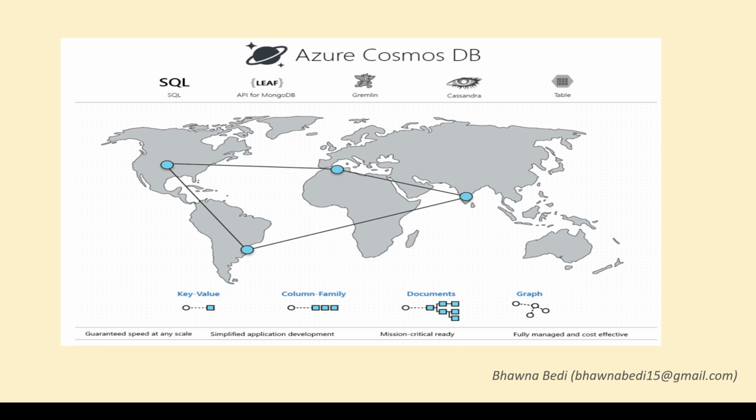And in case you are trying to develop a graph database, it has a Gremlin API. In fact, I think Cosmos DB is the only PaaS service that has a Gremlin API or a graph database. Similarly, you have Cassandra, or in case you are trying to migrate the data from Azure Table Storage, you have the API for Azure Table Storage as well.